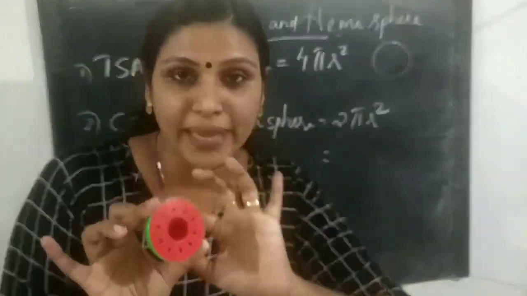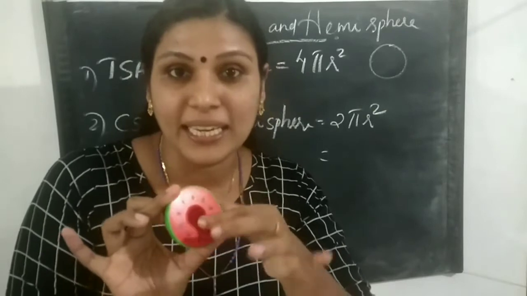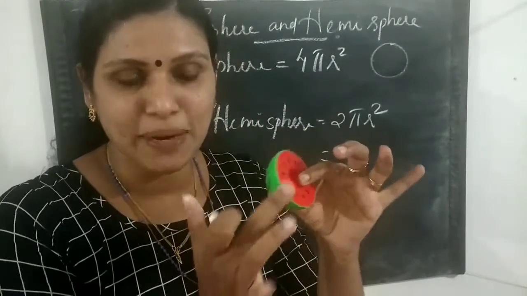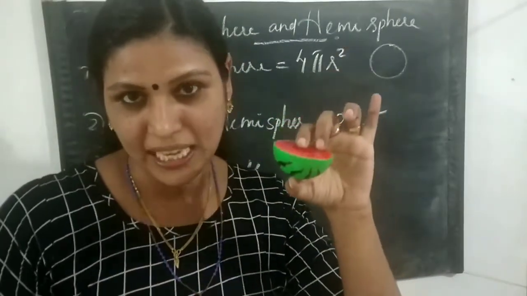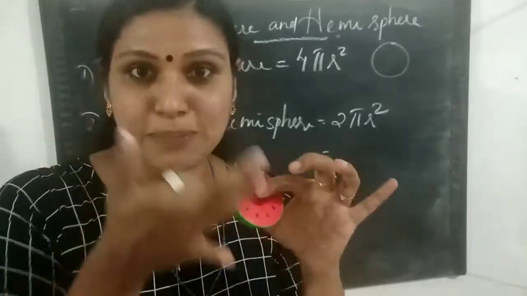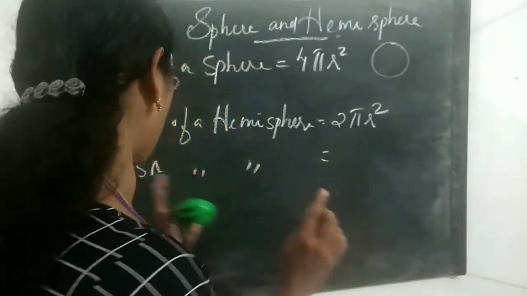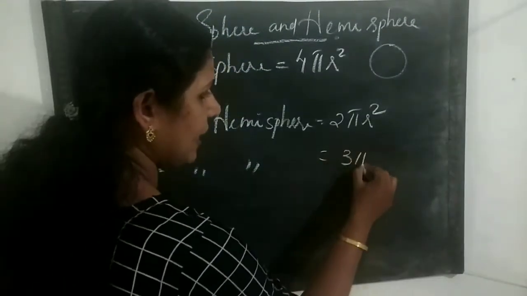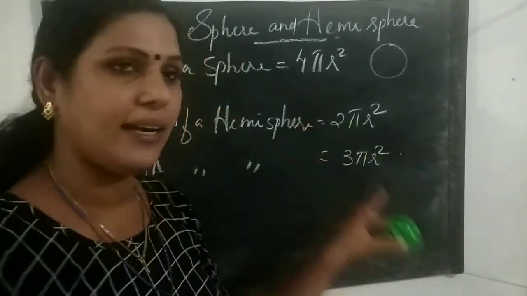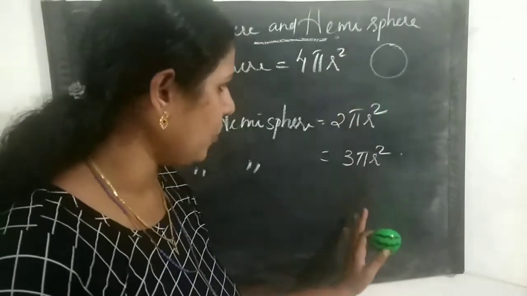So 2 pi r square plus pi r square is the total surface area, including this part and this part. So 2 pi r square plus pi r square equals 3 pi r square. So TSA is 3 pi r square. Understood? Okay, so we use this equation.